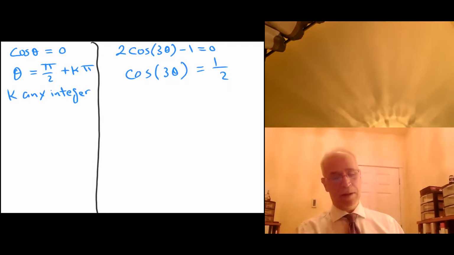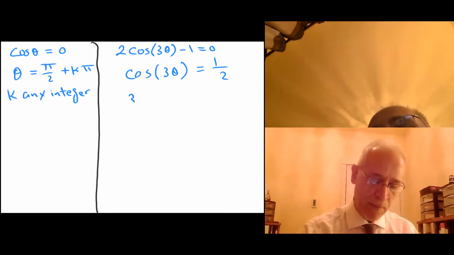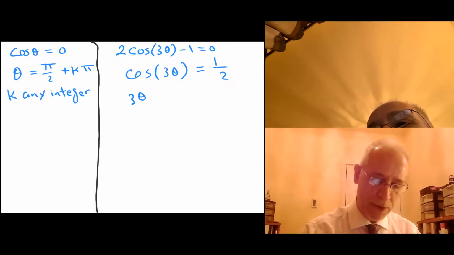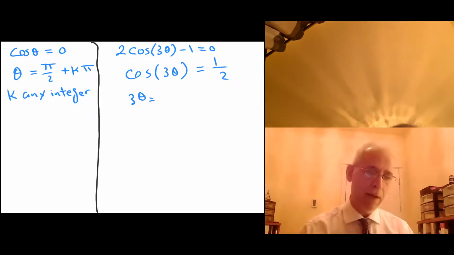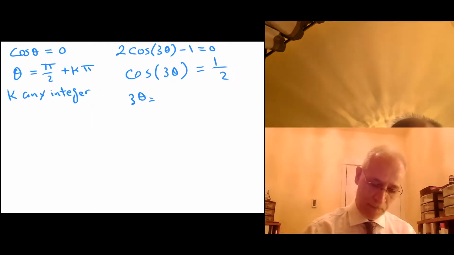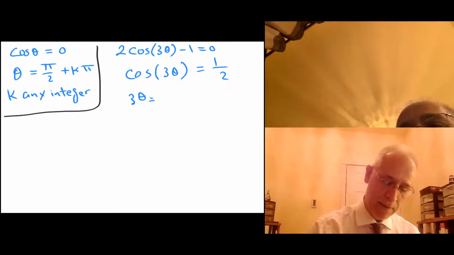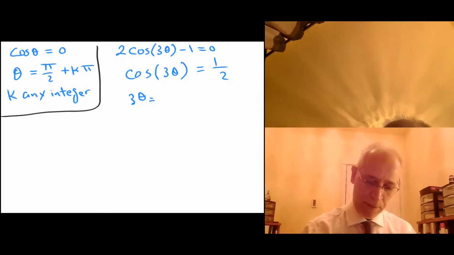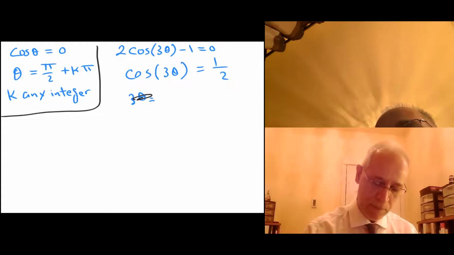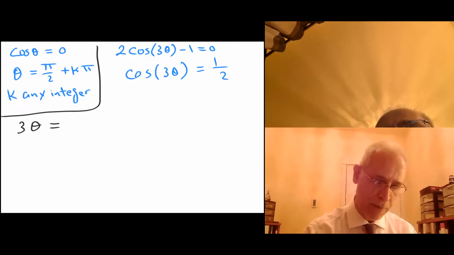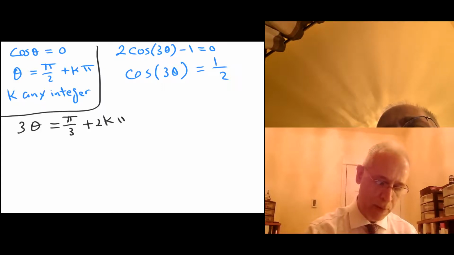So 3 theta, where is cosine 1/2? 3 theta should equal pi over 3 plus 2k pi.